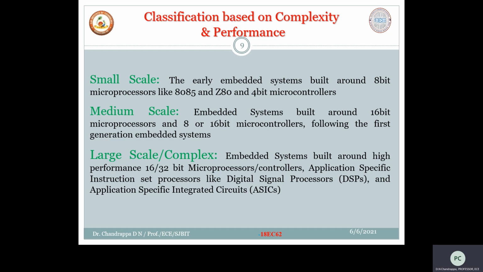All of these were introduced: DSP, digital signal processing, application specific integrated circuits, and 16 or 32-bit microcontrollers. These are all complex. Based on complexity and performance, these are the three classifications: small scale, medium scale, and large scale or complex level.